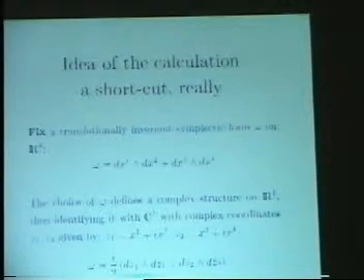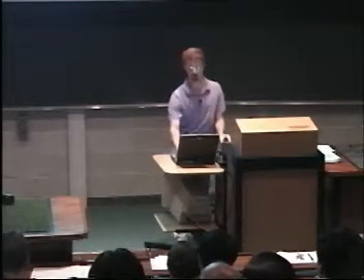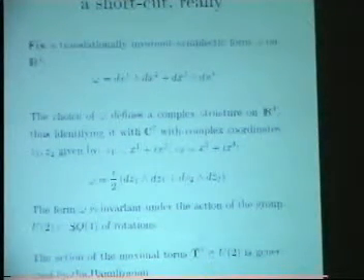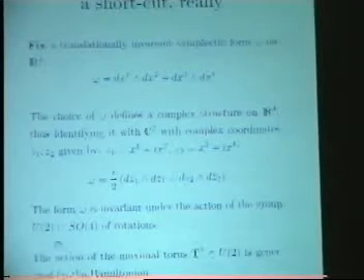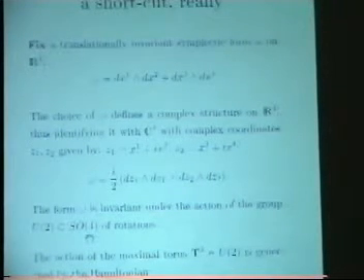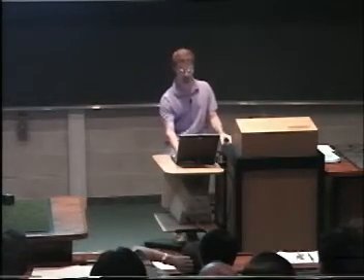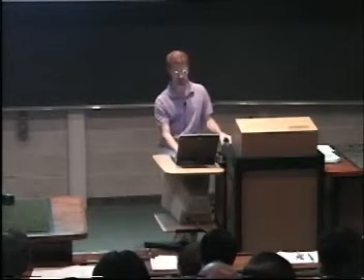I could also introduce a complex structure on R4 such that this symplectic form becomes a Kähler form, dz1 dz1 bar plus dz2 dz2 bar. The choice of this symplectic form omega will break some part of the group of Lorentz rotations. It will be the group U(2) which preserves this symplectic form.